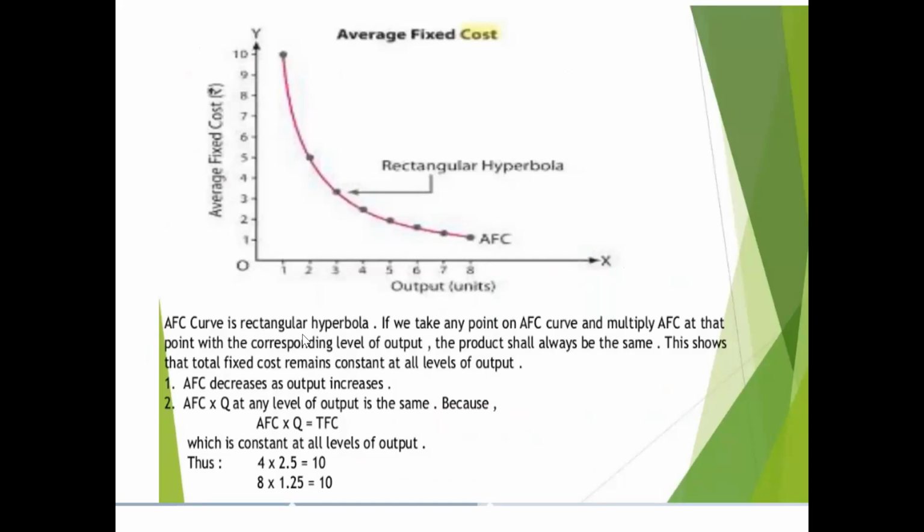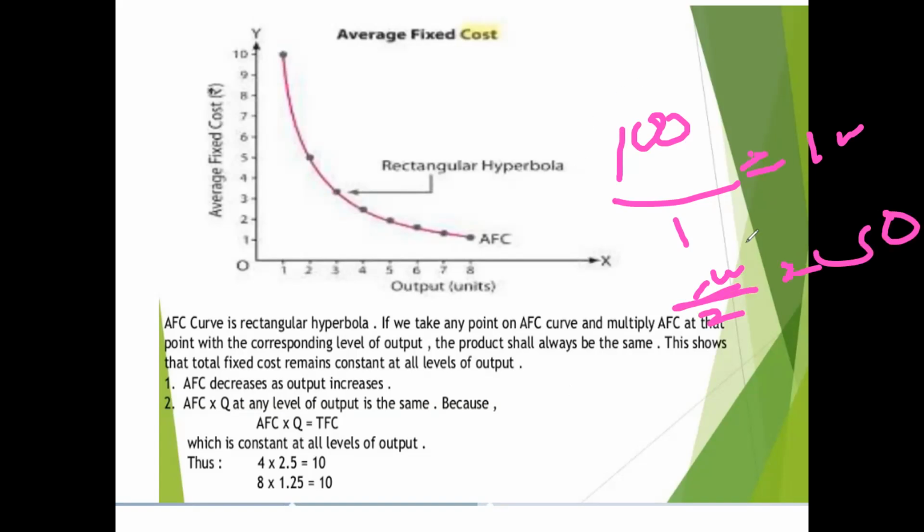The reason is actually that, say for example, if the total fixed cost is equal to 100, then if you produce 100 units, it is 1, and with 2 units, maybe 50. So likewise, the fixed cost will be divided among the number of units.